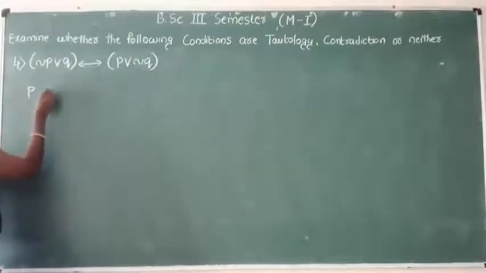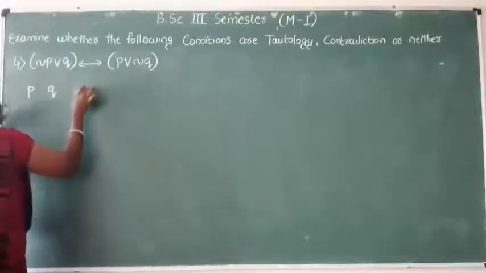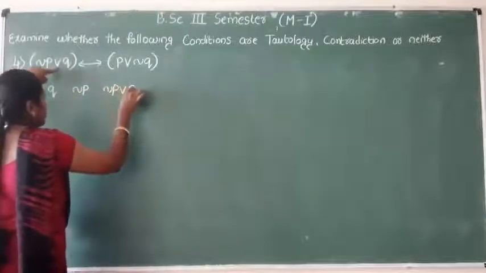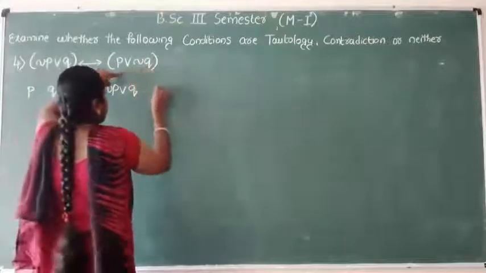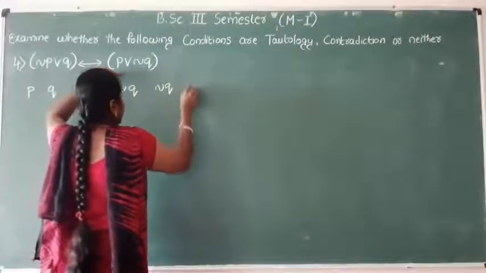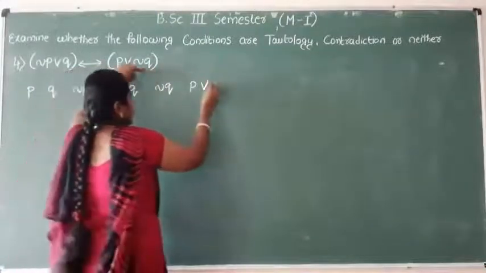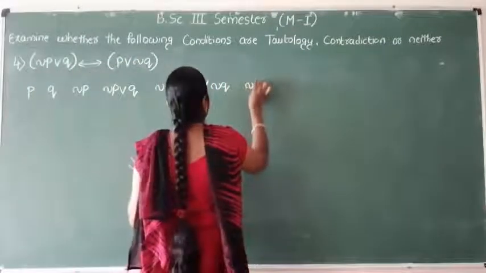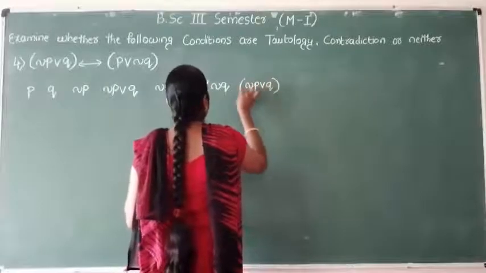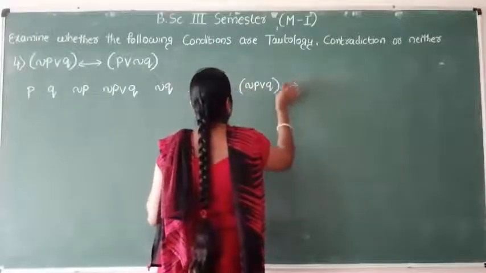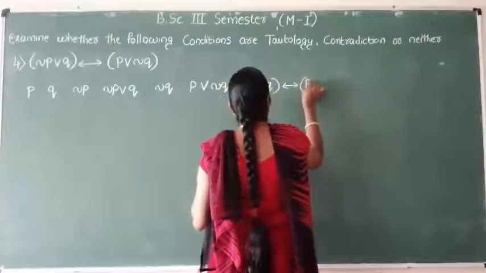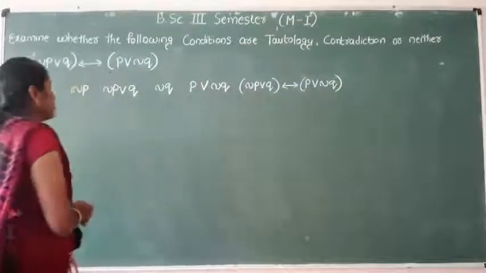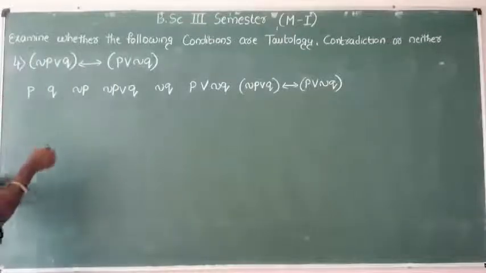So P, Q, negation P, negation P or Q. Next I want negation Q, P or negation Q. After that, negation P or Q biconditional P or negation Q. Solve this one, then we get the result.